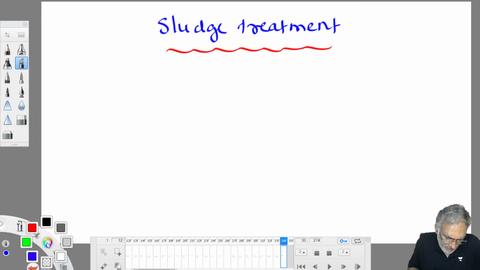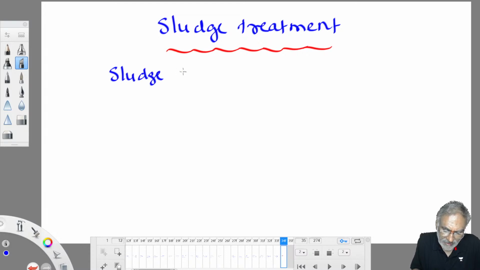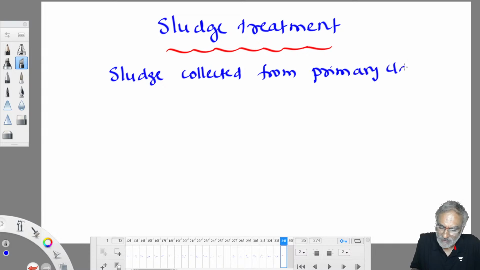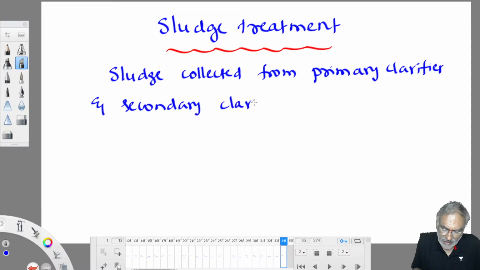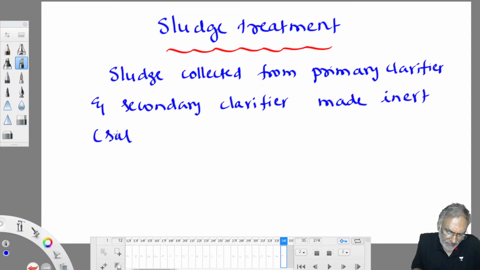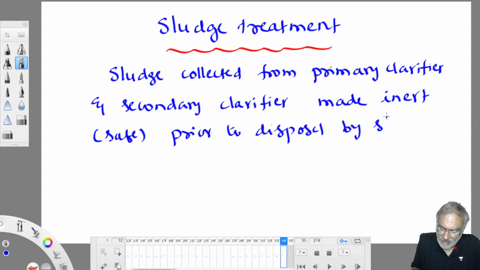So sludge obtained from the primary clarifier and secondary clarifier is dangerous. Sludge collected from the primary clarifier and secondary clarifier is made inert, made inert means made safe, prior to disposal by applying sludge treatment.